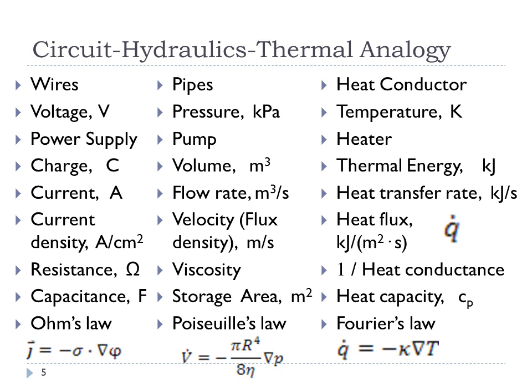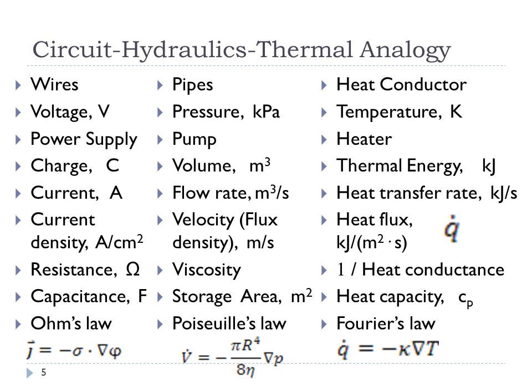In that case, you've got wires, you have voltage, and power supplies supplying a certain amount of voltage. What's moving is charged species, and the flow rate is the current, which has units of amps.